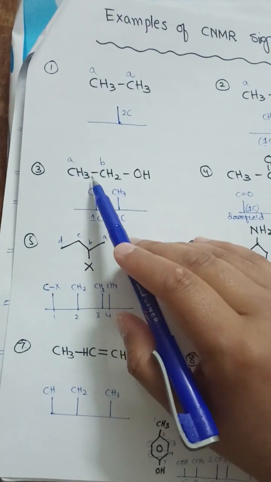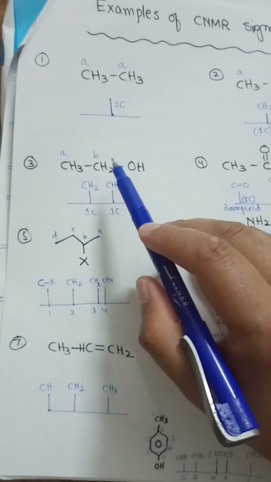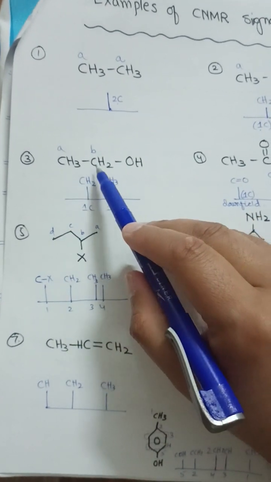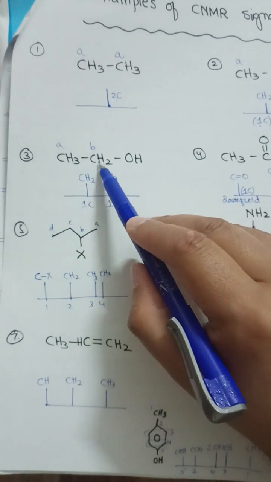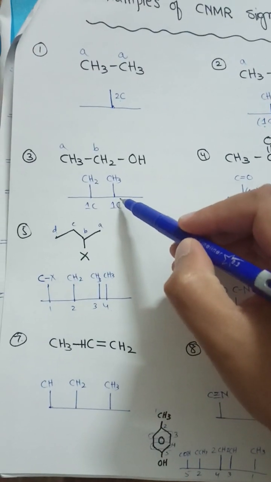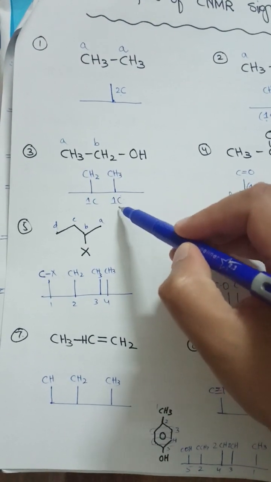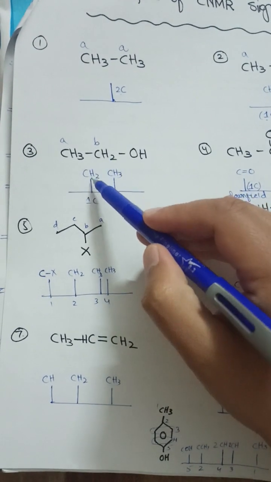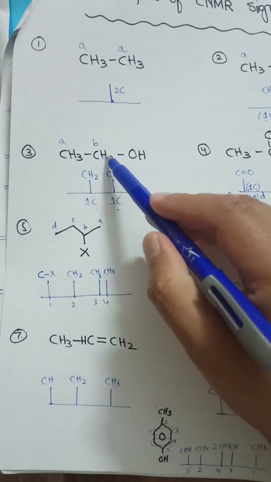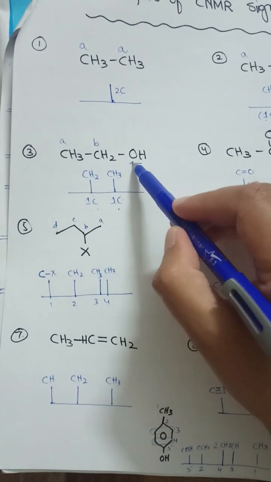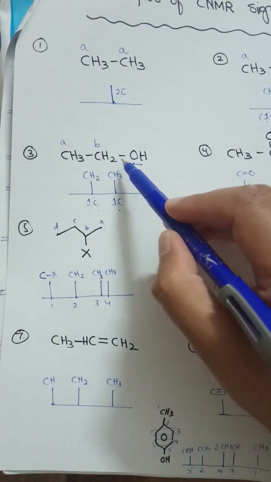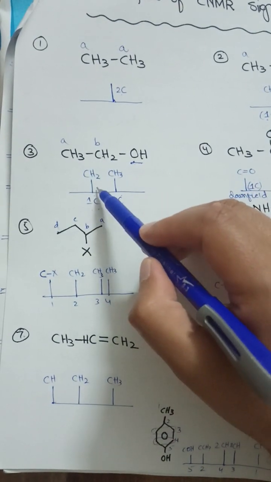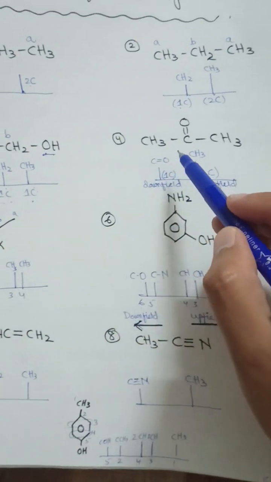Similarly, if we have ethanol, we will get two signals, one for CH3 and one for CH2. CH2 is attached with the electronegative atom, so its signal will be shifted downfield.